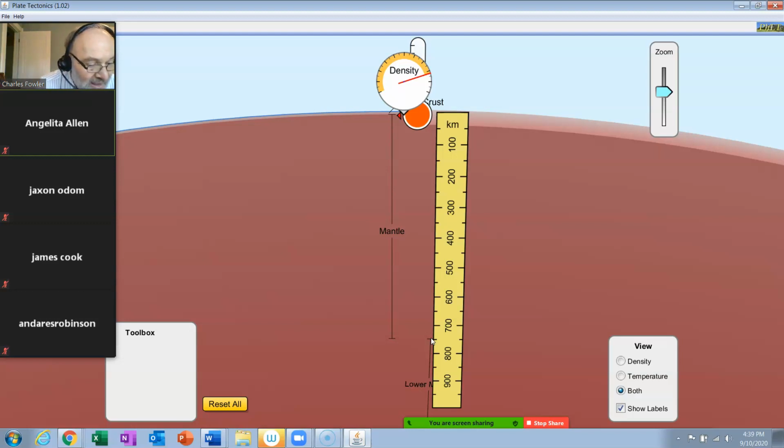It says the rocks above and below the asthenosphere are rigid, lacking a partial melt. The solid layer above the asthenosphere is called the lithosphere. Lithosphere. And that's after the Greek for stone shell. So litho means stone. Lithosphere.